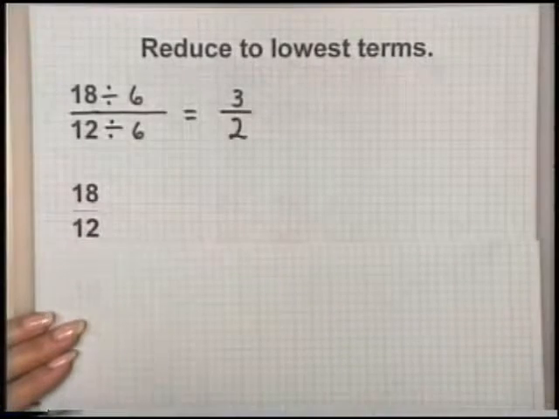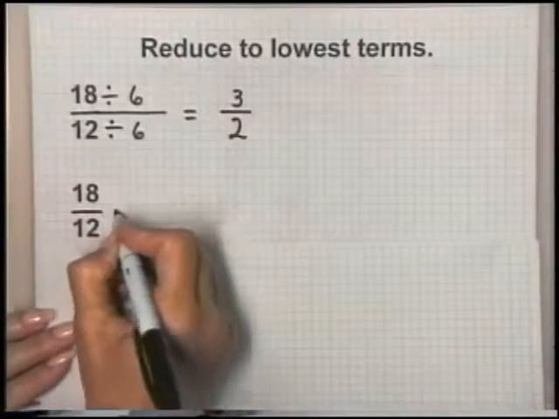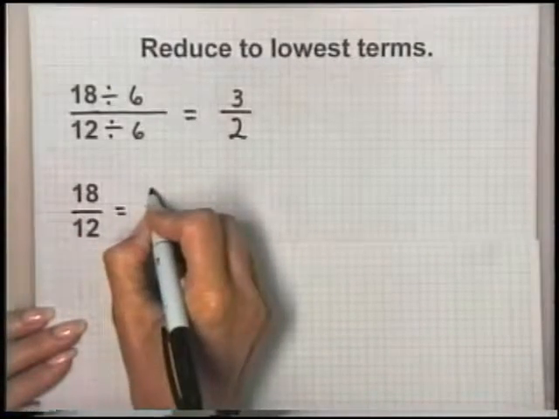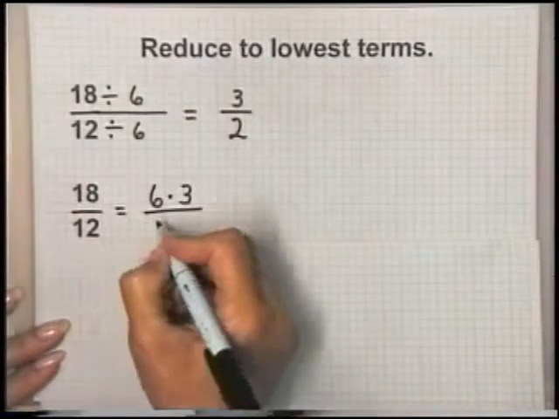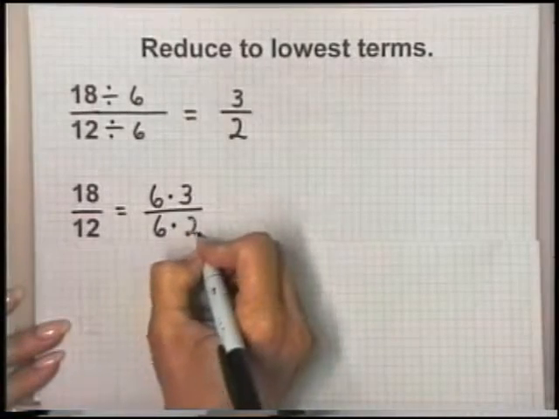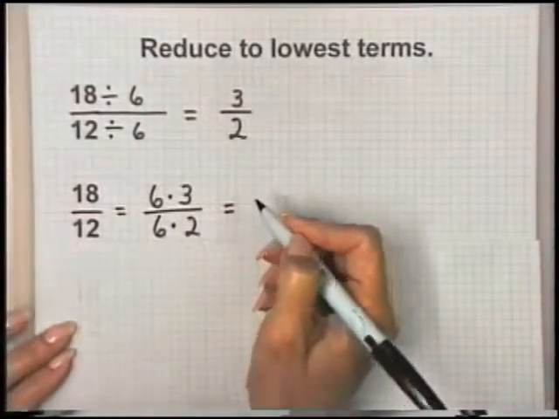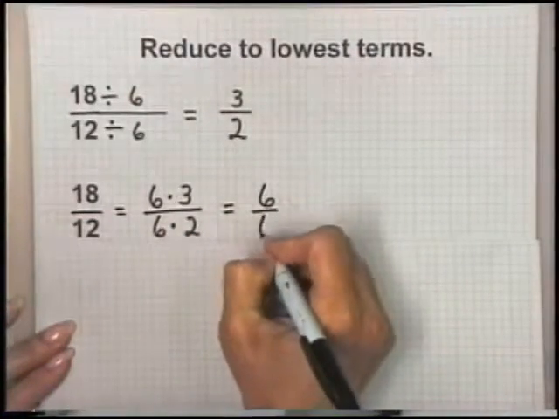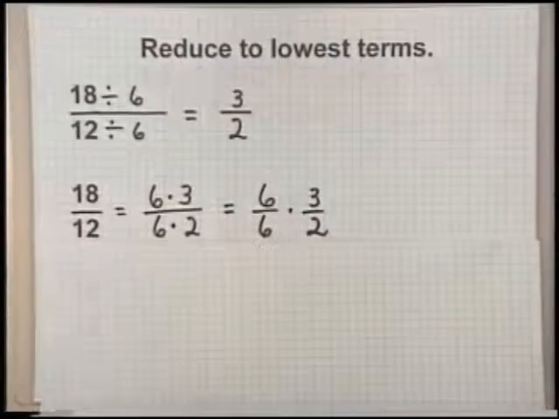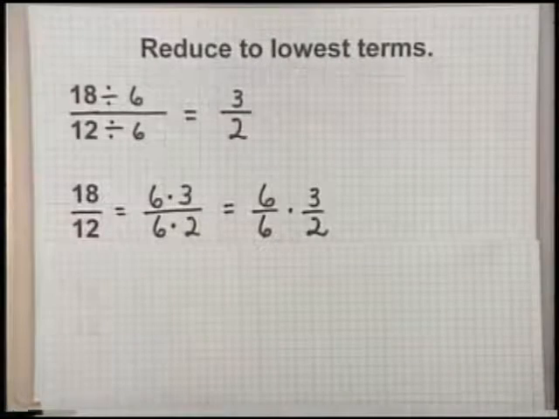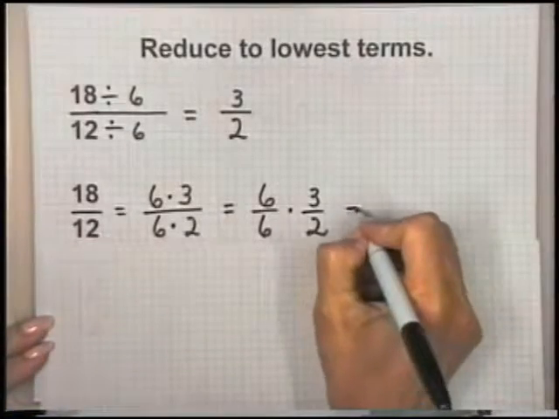Another way to work the very same problem would be to think that 18 factors as 6 times 3, 12 factors as 6 times 2. We may rewrite this as 6/6 times 3/2 using the multiplication property of fractions.